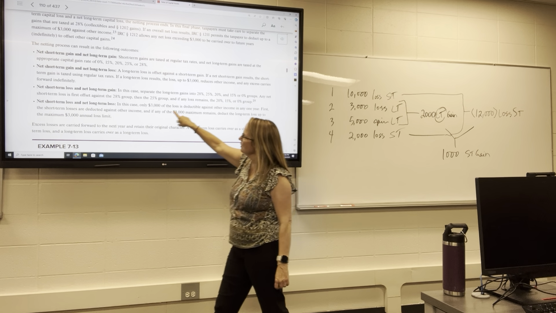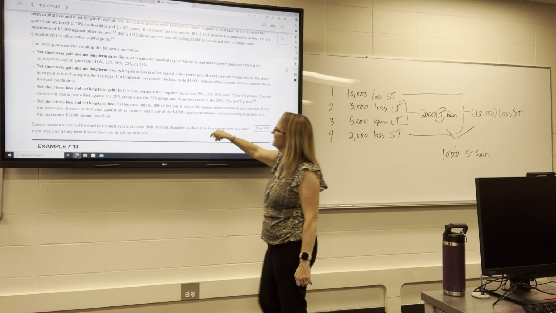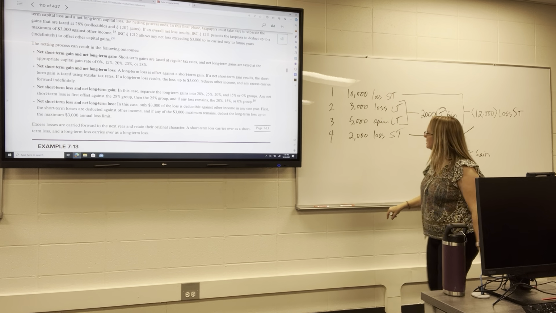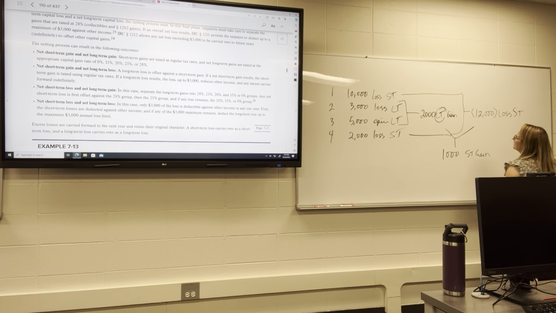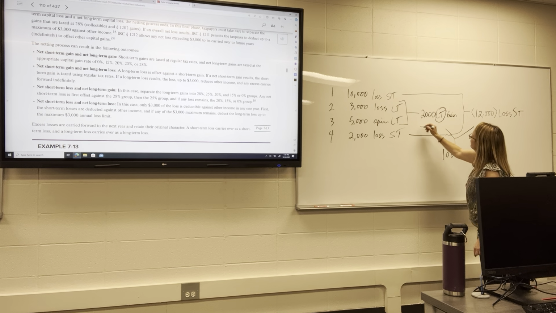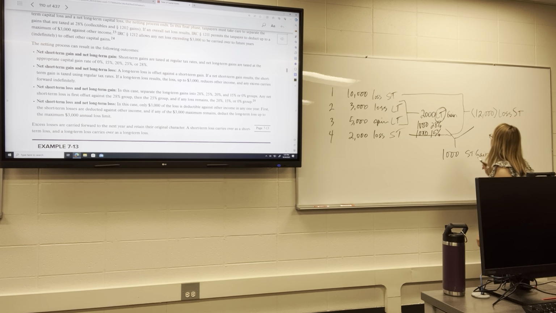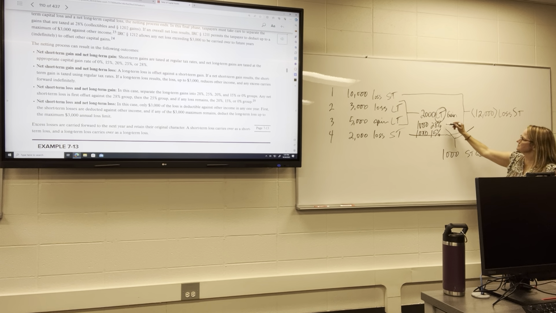Any net short-term loss would first offset the 28% group. Let's just say we had $1,000 at 28%, and $1,000 at 15%. The first $1,000 of the loss is going to offset the 28%, so now we don't have a 28% rate.